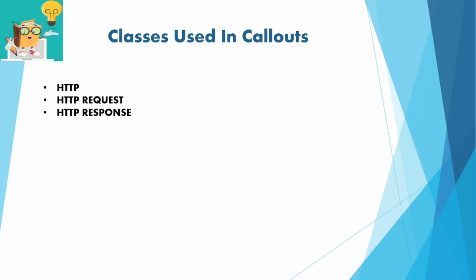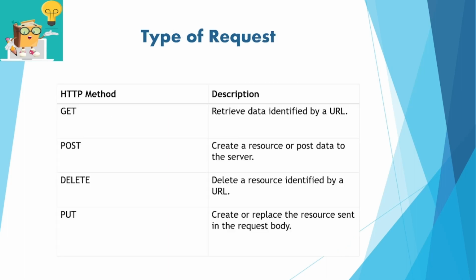The request contains the information using which the other system will give the data, and the data sent by the provider system comes in the form of HTTP response. HTTP is your whole and sole carrier of the HTTP request and response. These are the major classes used in any REST web services.